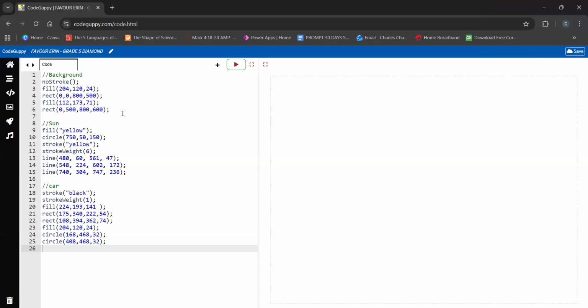All right. So now I'm going to execute it so that you see what it is. The basic thing is similar to Treasure Zone, but I think the difference now is that in the background there's a sun, and then there's a car. Okay. So I'm sure you can see.